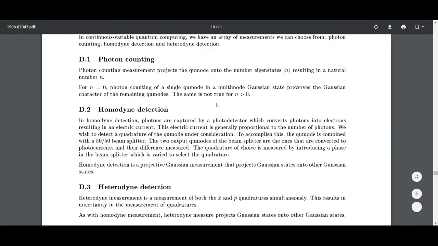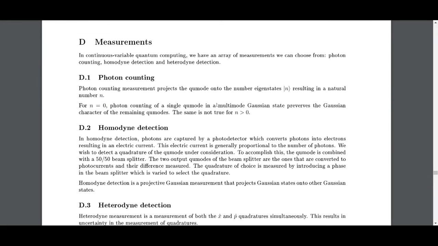Measurements. In continuous variable quantum computing, we have an array of measurements we can choose from. Photon counting. My question is again, do those measurements? Because in discrete quantum computing, I'm of the opinion that the measurement basis and the measurement is not like you've got one measurement. You choose the basis in which you want to measure, but it doesn't really matter because at the end of the day, you're observing the same system.